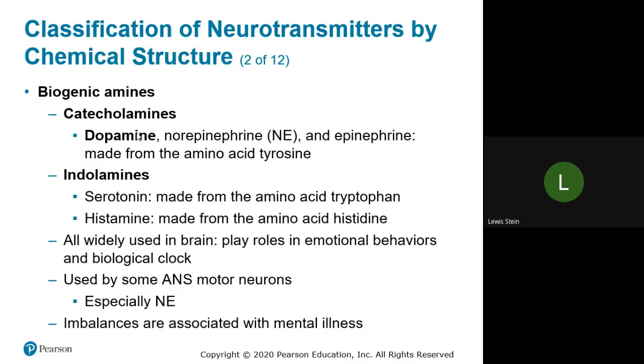Dopamine, epinephrine, and norepinephrine, which are pretty consistently in most circuits excitatory, not entirely, there are exceptions, are made from the amino acid tyrosine. So one of the things we do see is foods that are rich in tyrosine, or become tyrosine donors systemically, tend to create certain kinds of reactions.